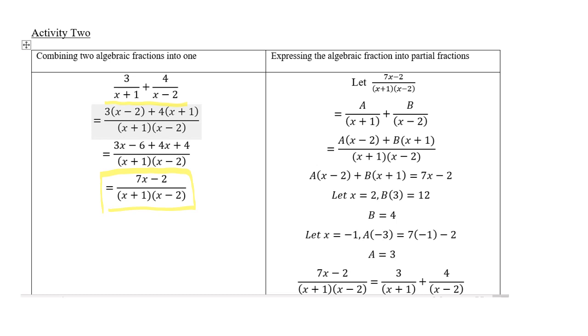Let's say that this algebraic fraction, which I've highlighted in yellow for you on the left hand side, we want to break it up into 2 partial fractions to make it more manageable. If you look at where these partial fractions come from, it's from 2 fractions, 3 over x plus 1, and the other one is 4 over x minus 2.